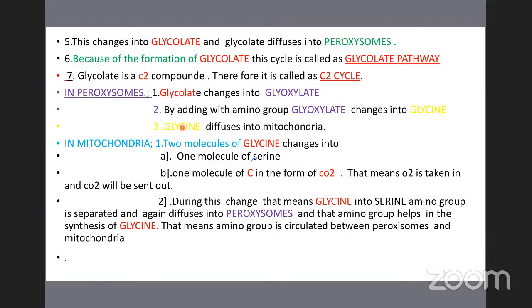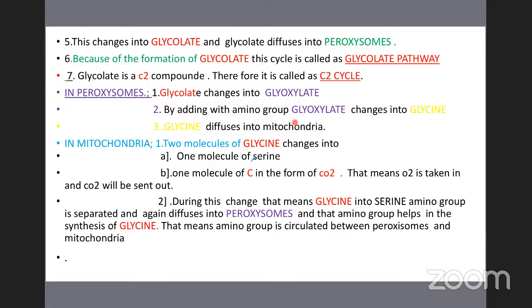Next, this glycine diffuses into mitochondria. So here the changes are simple. These are the important changes in peroxisomes.